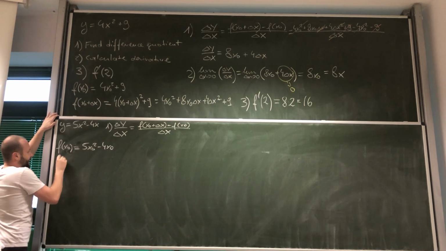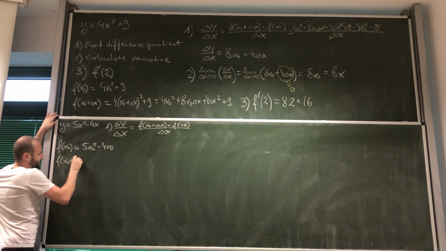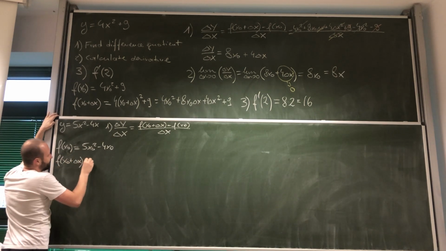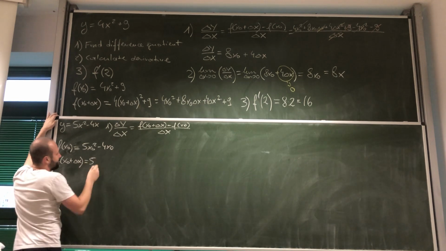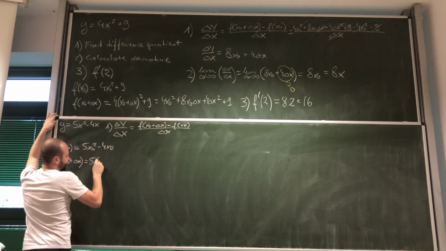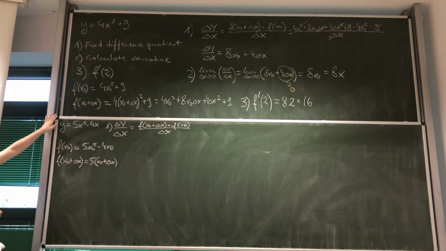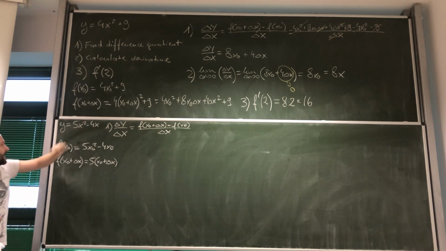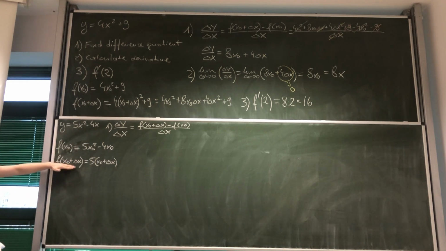Then we need to find f of x0 plus delta x, which is equal to 5 times x0 plus delta x, right? But here, all we have to do is to substitute x0 for x everywhere, and now we need to substitute x0 plus delta x for x everywhere.